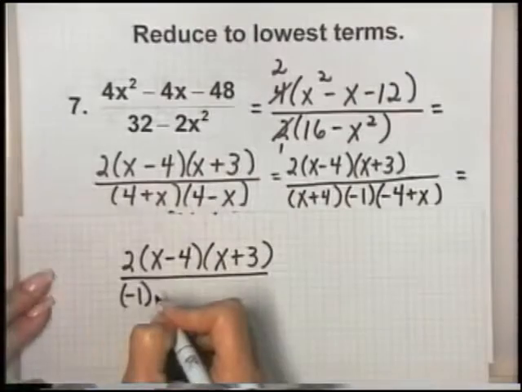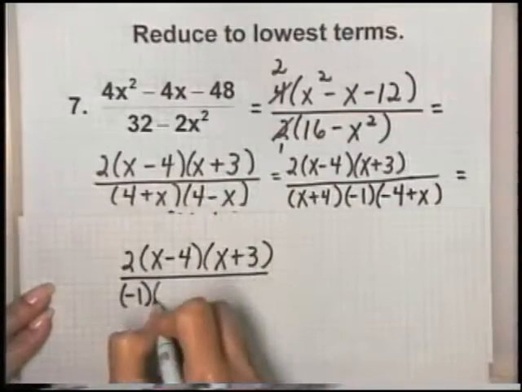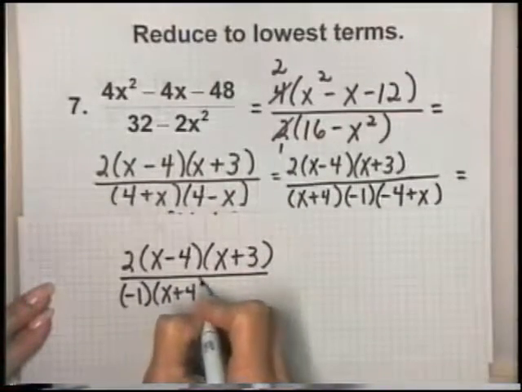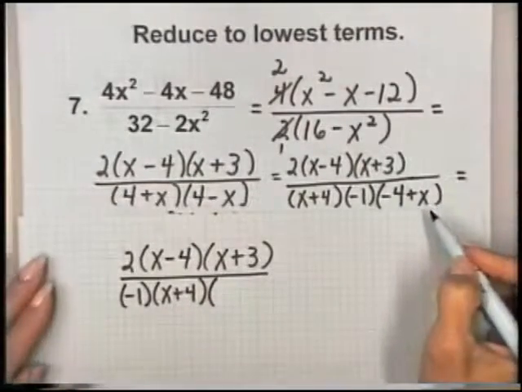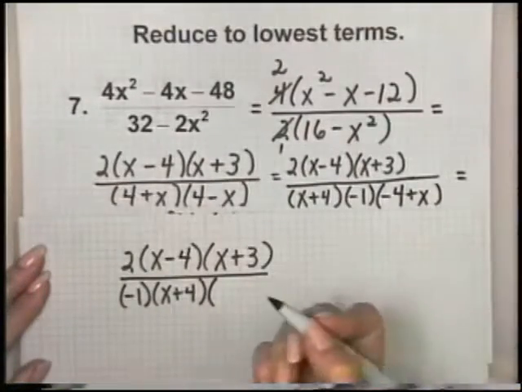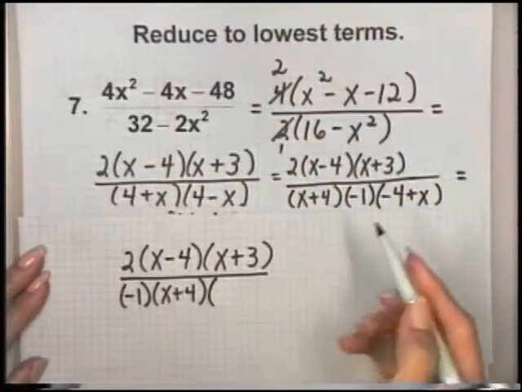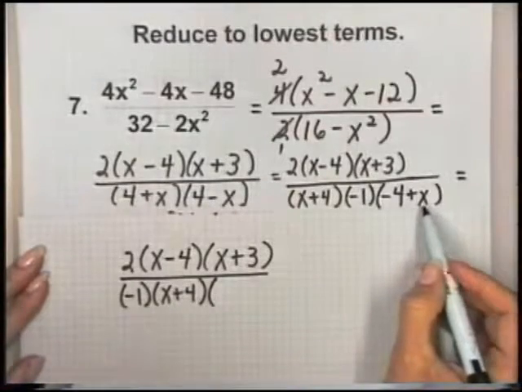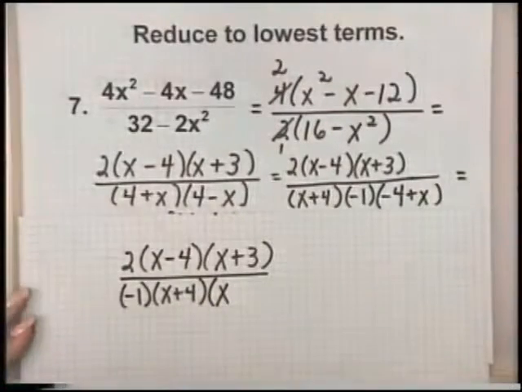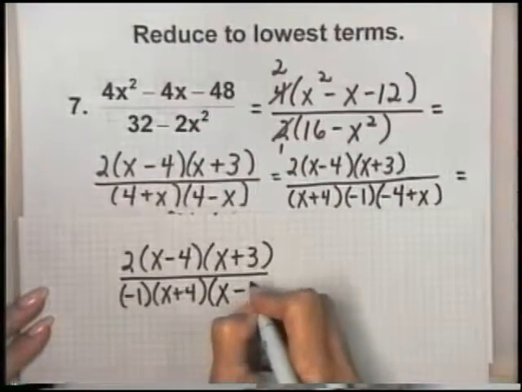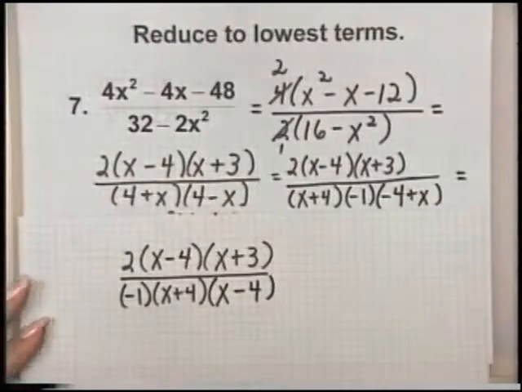Let's write this -1 factor first. Let's write the x plus 4. And then when we get ready to write the -4 plus x, let's once again use the commutative property. Usually we like the variable first, especially if the variable is positive. So let's write the x first, then the -4.